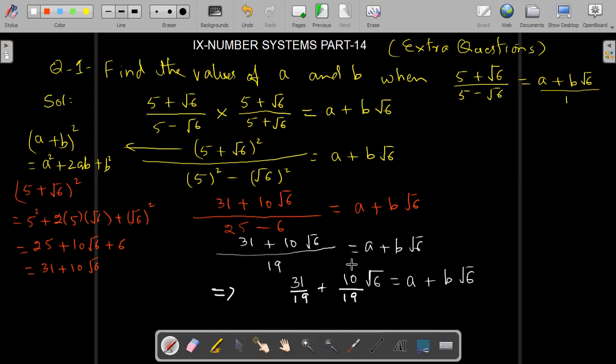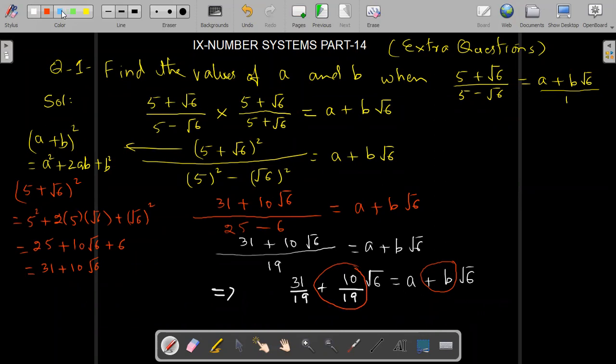Okay, got it. Now if you compare them, before root 6, b is there, that is plus b, and here it is plus 10 by 19.